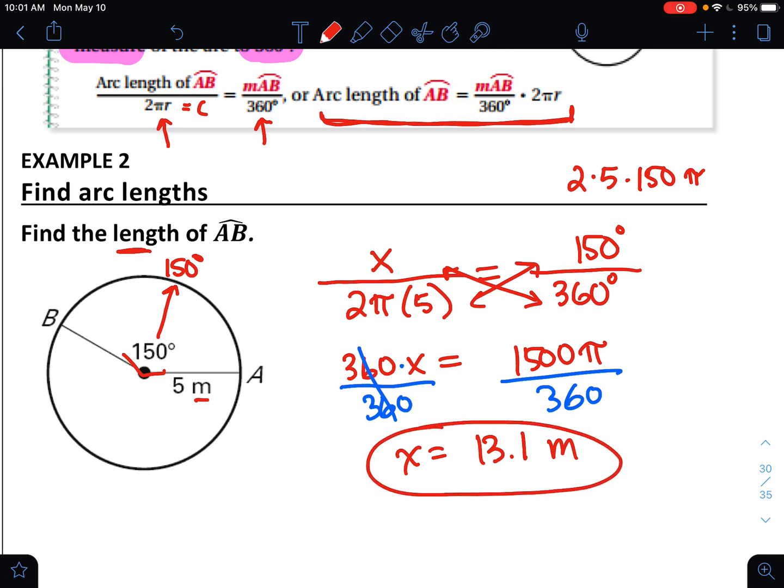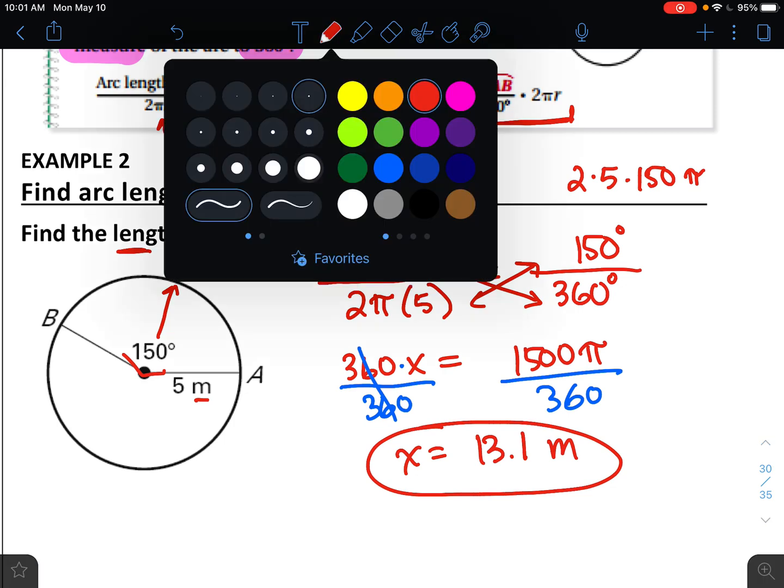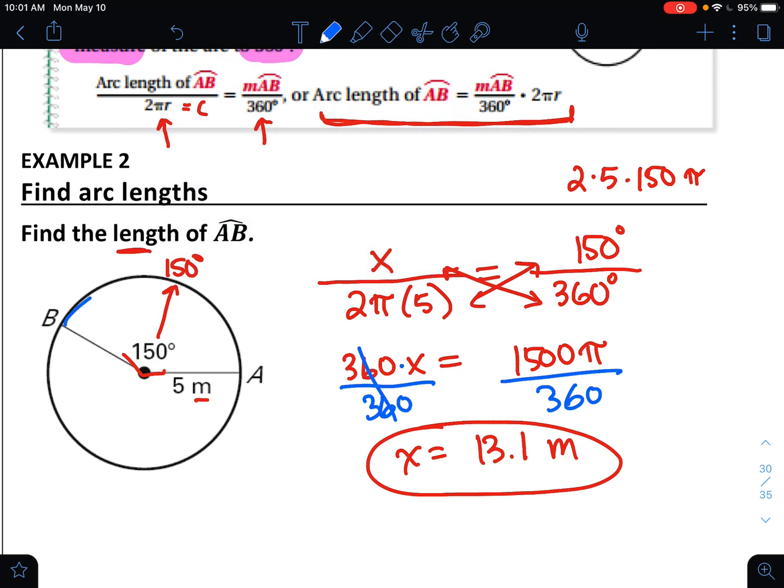Basically, the fractional portion that 150 is out of 360 is the same fractional portion that my arc length is out of the whole circumference. When I set it up as a ratio and cross multiply, that allows me to isolate the section I want. Let me go back over to my picture here.